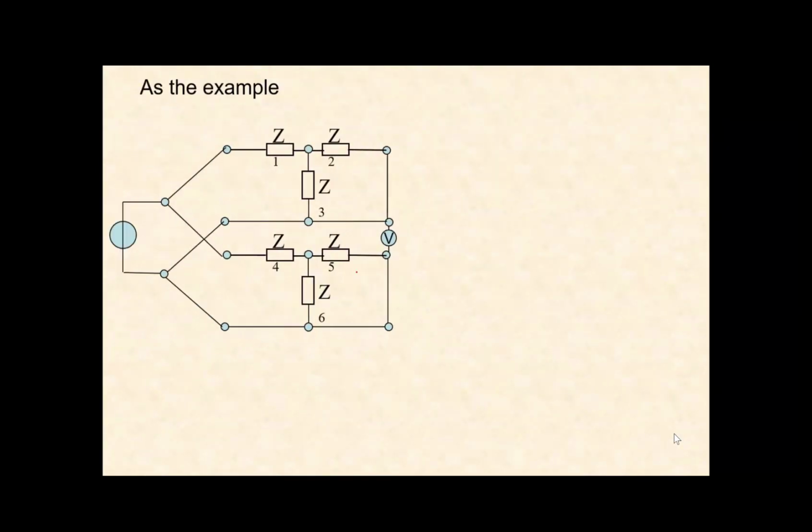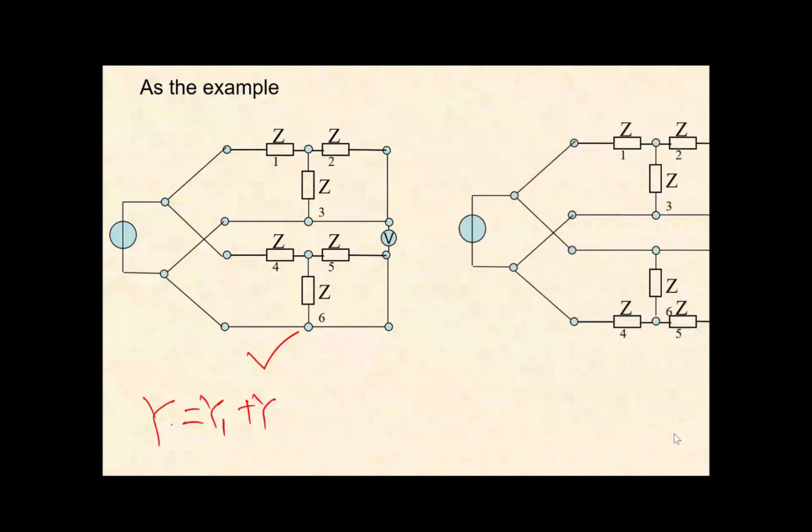As an example, in this circuit this V will be zero, because this point connects here and this point connects here also, so it will be zero. So this parallel connection has no problem, Y equals Y1 plus Y2.